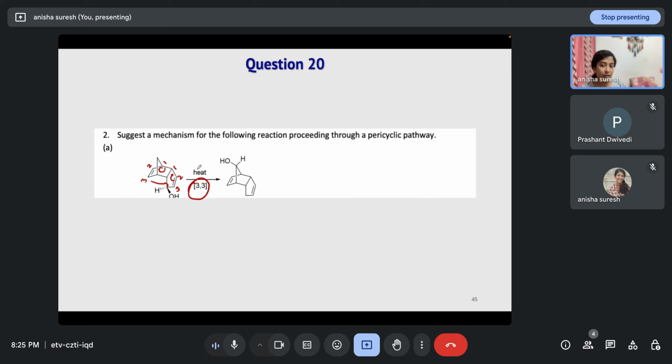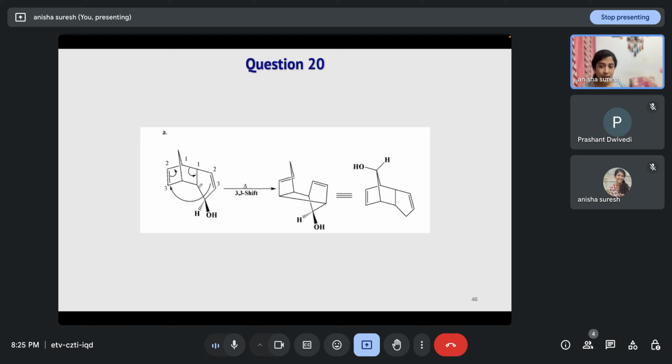Then if we redraw the structure that we are getting after this bond breaking and forming sequence, we will get this as the final product. See, like this. We can number it like 3, 2, 1, 1, 2, 3. So a bond is formed between these two carbons. We can draw it like this.